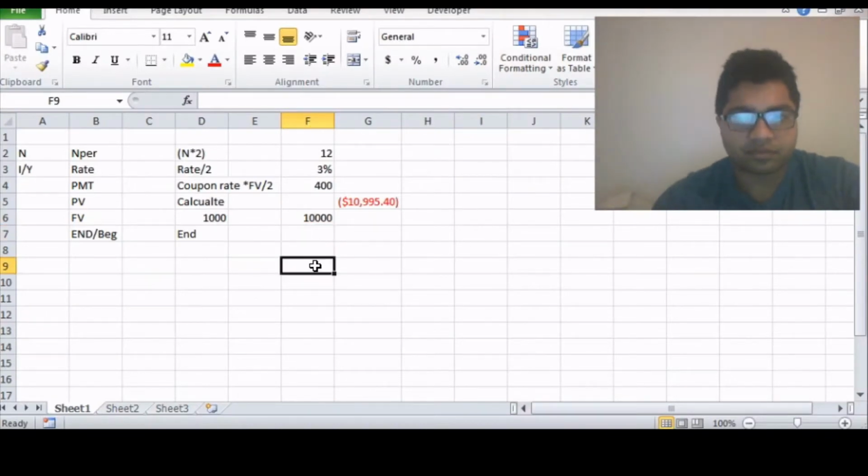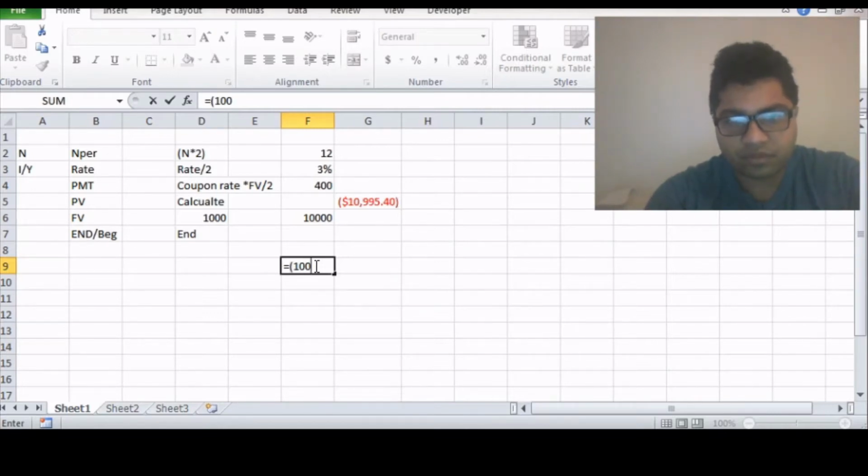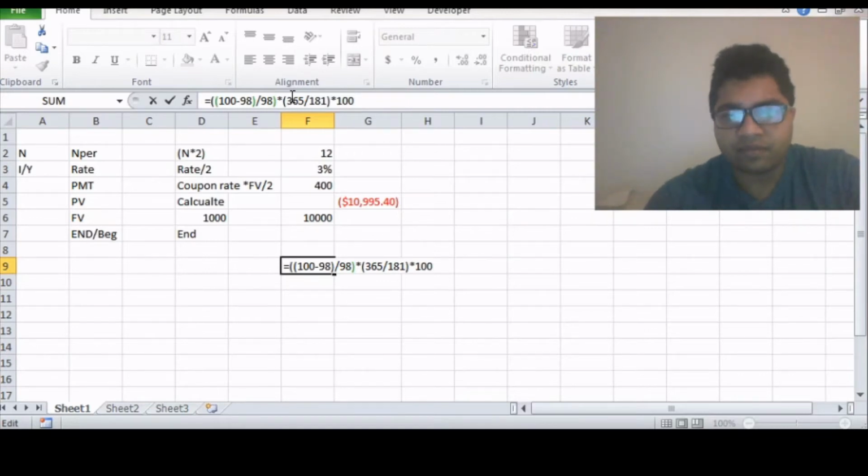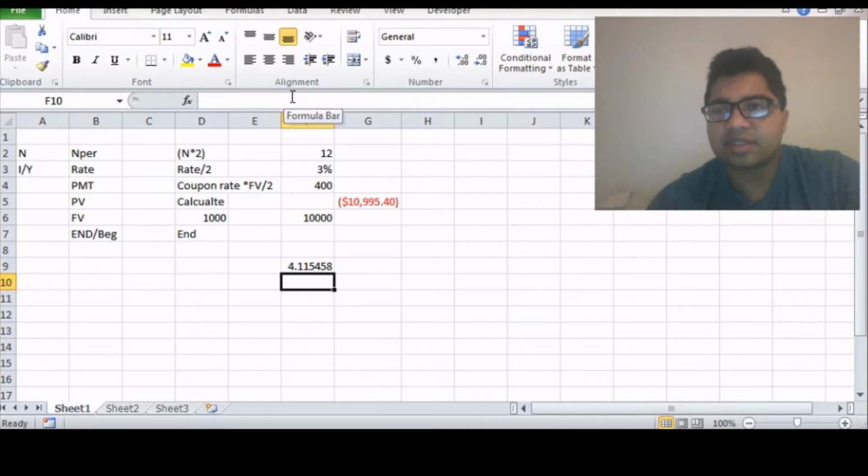So let's do it. 100 times (100 minus 98) divided by 98, I'll put brackets so that it's easier, this entire thing multiplied by 365 divided by 181. So 4.11% is the yield.